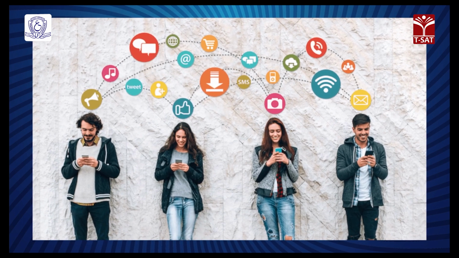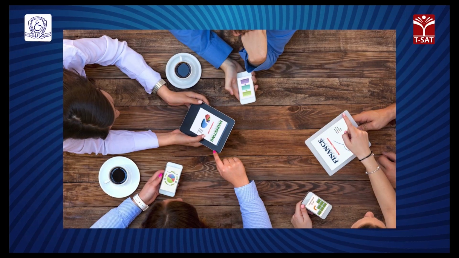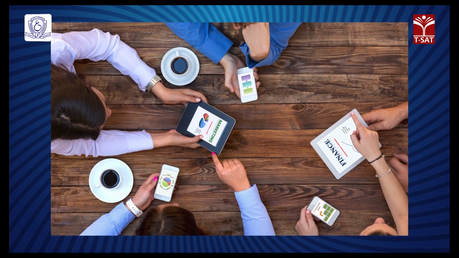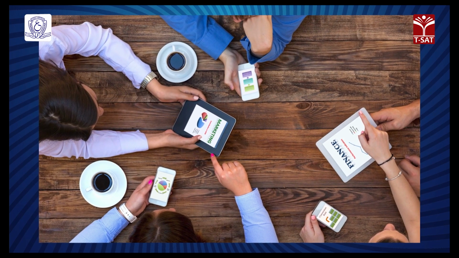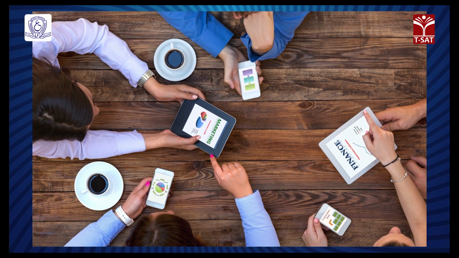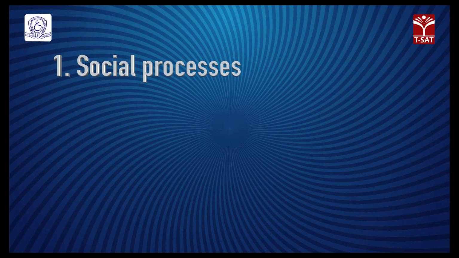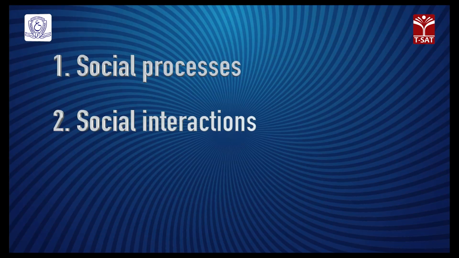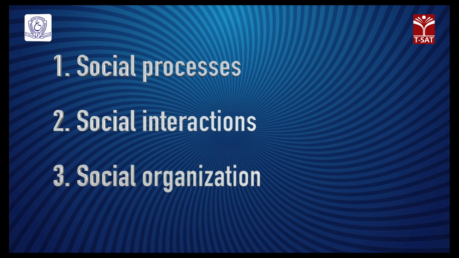Society is a web of social relationships, and hence social change obviously means a change in the system of social relationships. Social relationships are understood in terms of social processes and social interactions and social organization.